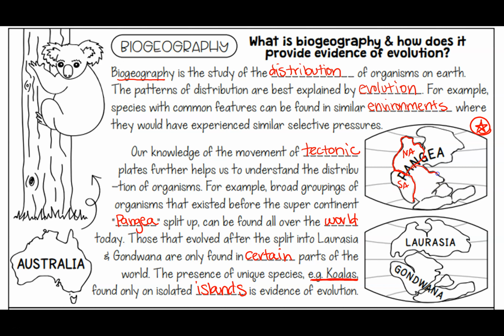This whole mass over here is Africa. This up here is Europe and Asia. Okay, this is India. This is Antarctica. And this is Australia. All right, so you've got kind of an idea of what's going on there.